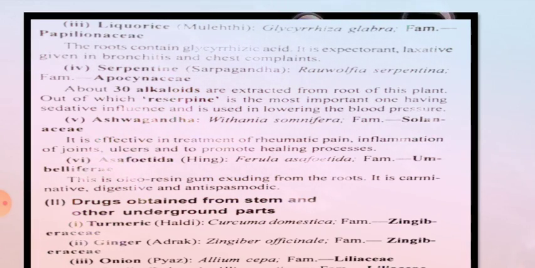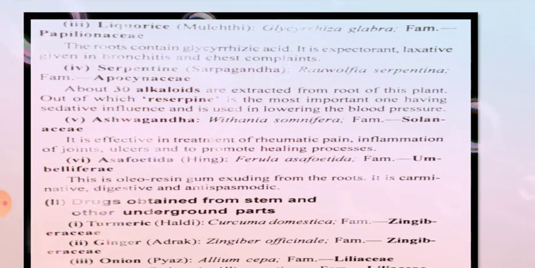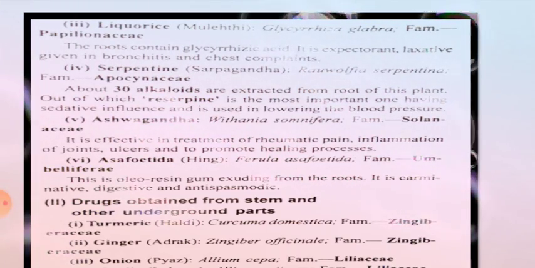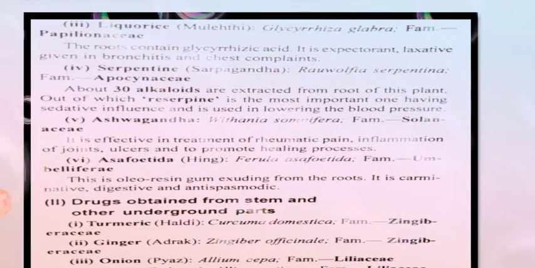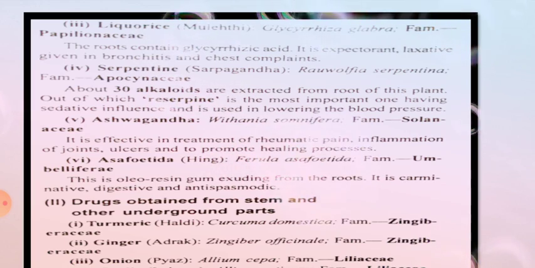The roots contain glycyrrhizic acid. It is an expectorant and laxative, given in bronchitis and chest complaints.